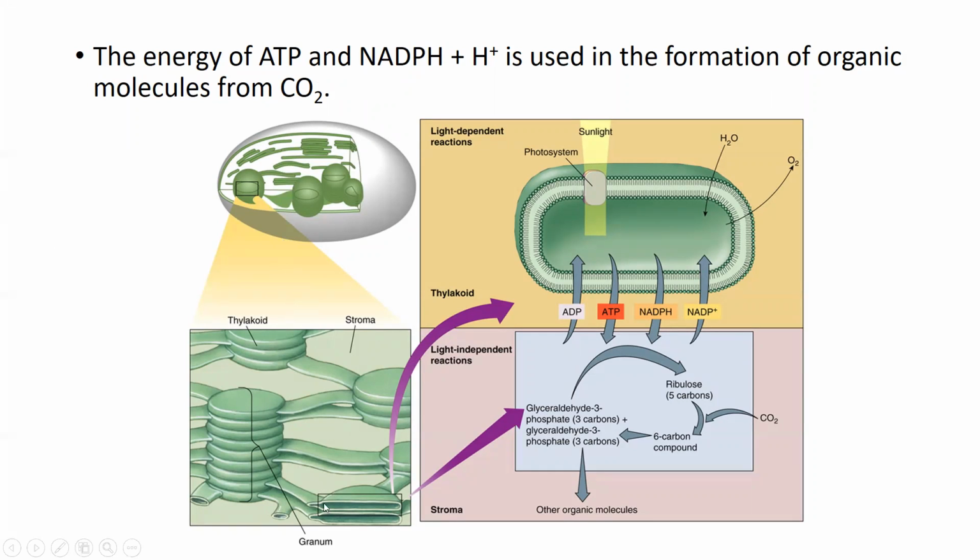In the thylakoid, you can see what you have learned in the previous lesson, which is the light-dependent reaction. The ATP and reduced NADP that are produced will be used for light-independent reactions to produce organic molecules, especially glucose.